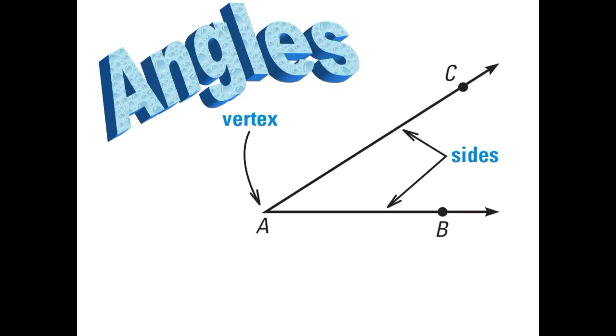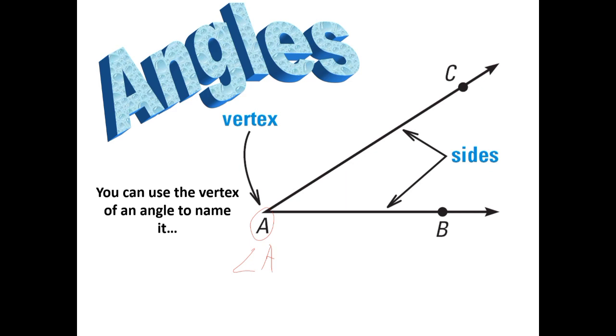Okay, if we're going to understand further about angles, we have here two given rays: ray AB and ray AC. Then we have side AC and side AB with a given vertex, which is A. So we can name this angle as angle A, because the intersecting point of two rays is what you call the vertex, and it can form an angle.